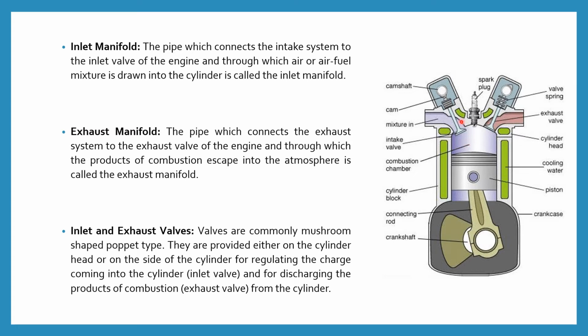So here in the picture, this one is the inlet valve which helps to enter the charge into the cylinder, and this one is the exhaust valve which helps to release the products of combustion from the cylinder.